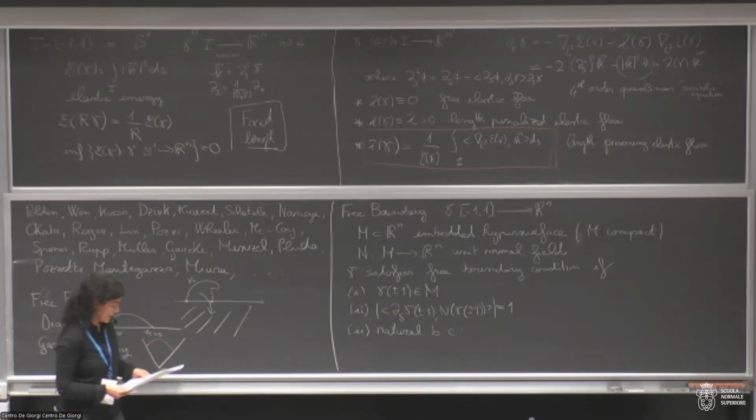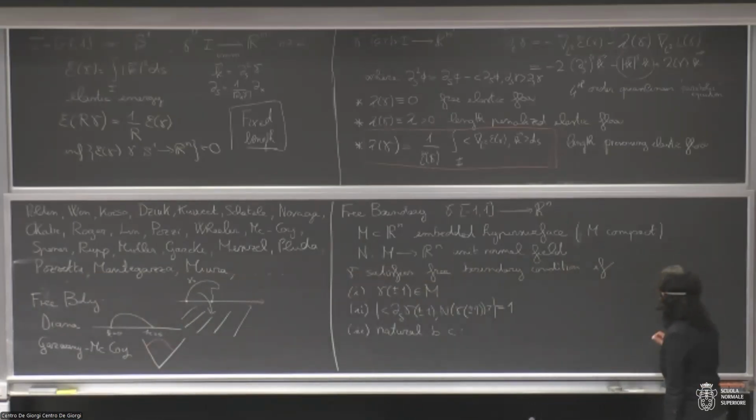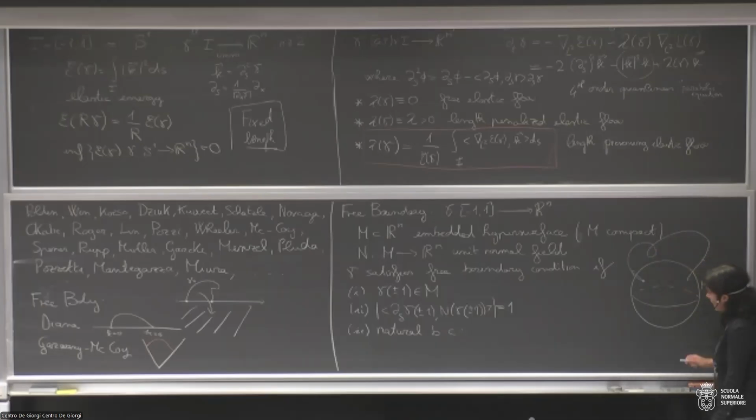So where do we get this third natural boundary condition? Before doing that, let me do a small picture. So let this be our M. So we are asking that our curves start in a point here and end in a point here, orthogonally, for instance, like that.